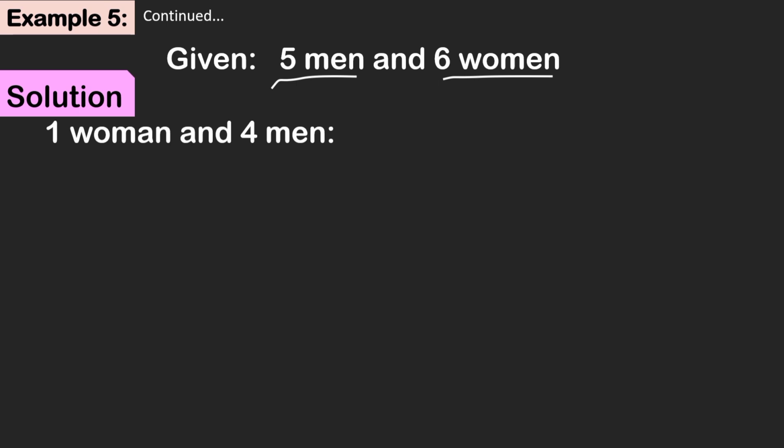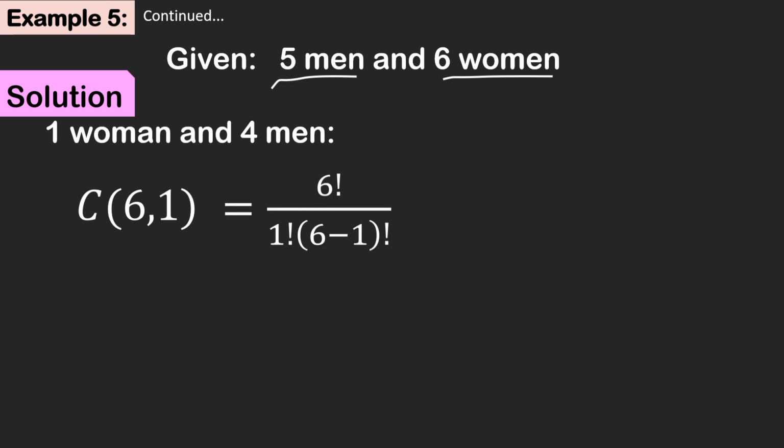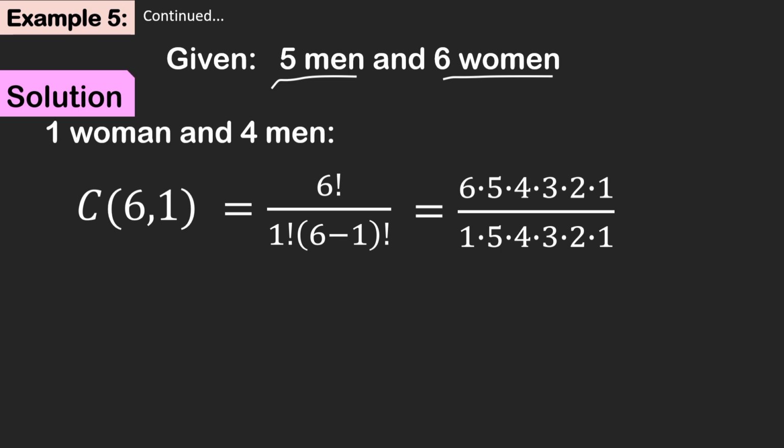Choose 1 woman from 6 women. The combination of 6 taken 1 at a time. Substitute the n and r to the formula. Then expand, simplify by cancellation. Then it is equal to 6 ways.